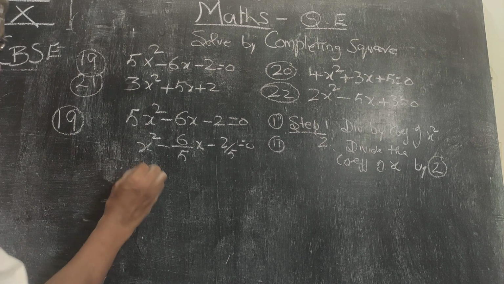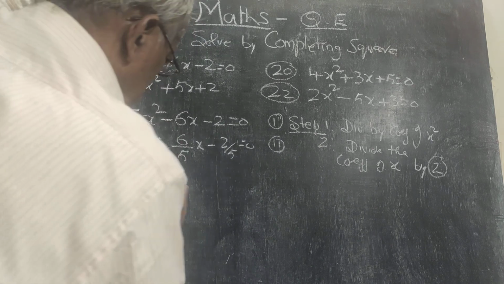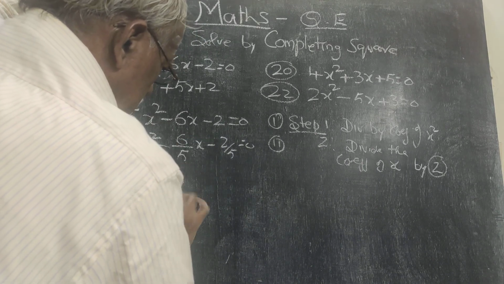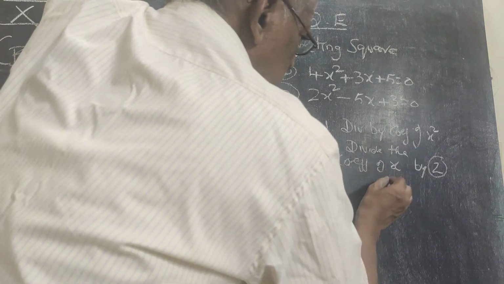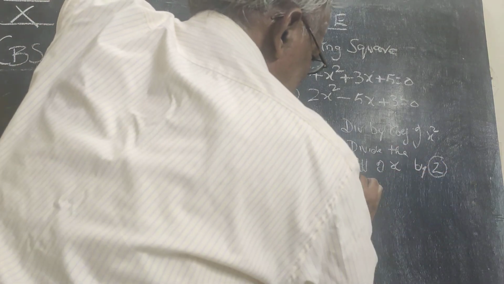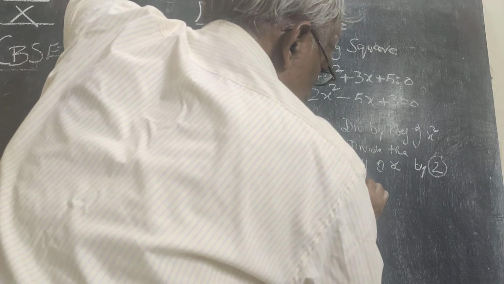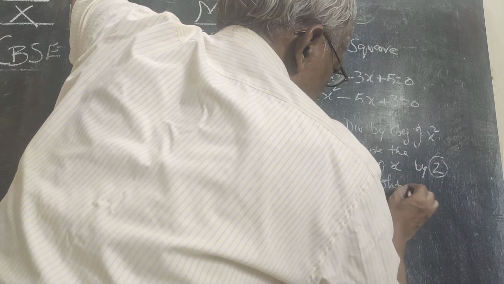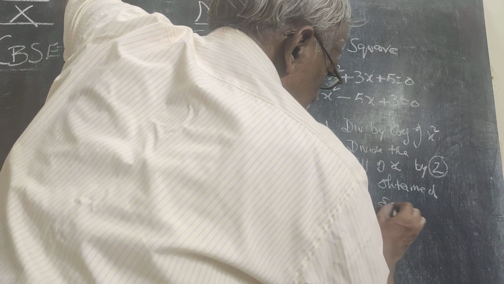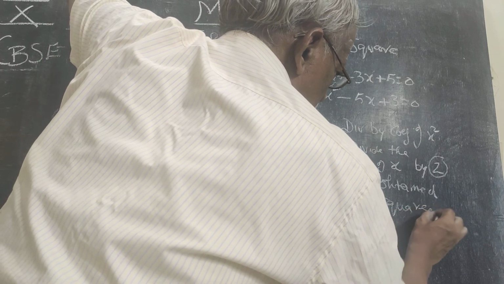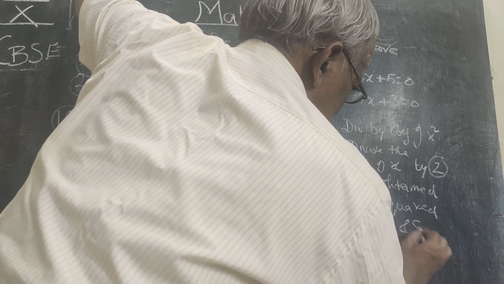So this becomes x square plus, divide the coefficient of x by 2, the number obtained is squared, add and subtract.